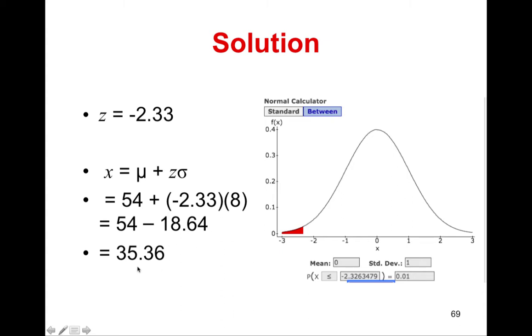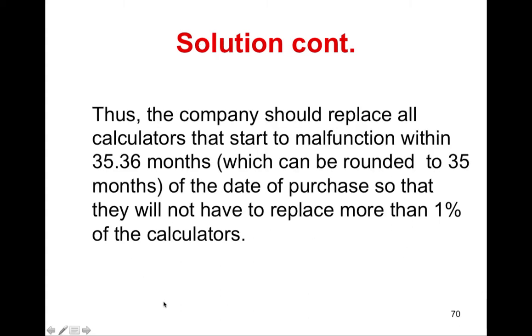So we do the math and we find we should warranty it for 35.36 months. So the warranty period, if we were to round that down a bit to make it 35 months, if we warranty it for 35 months, we shouldn't have to replace more than 1% of the calculators.